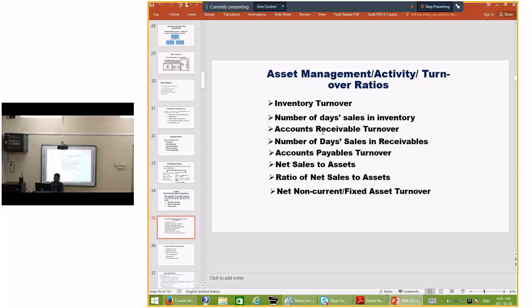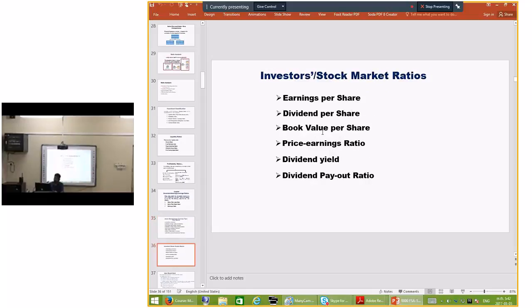All are used for measuring the efficiency and the activity level. These are the most important ratios for investors.